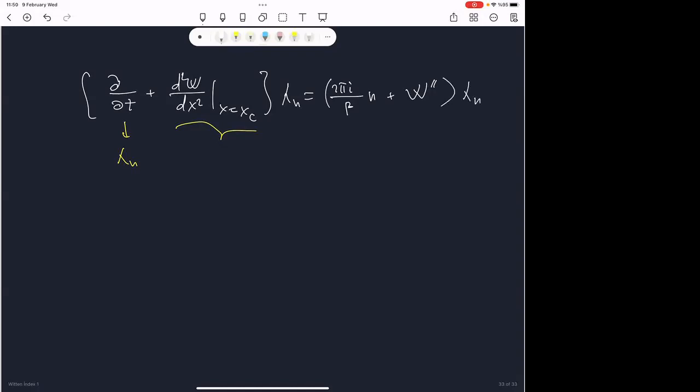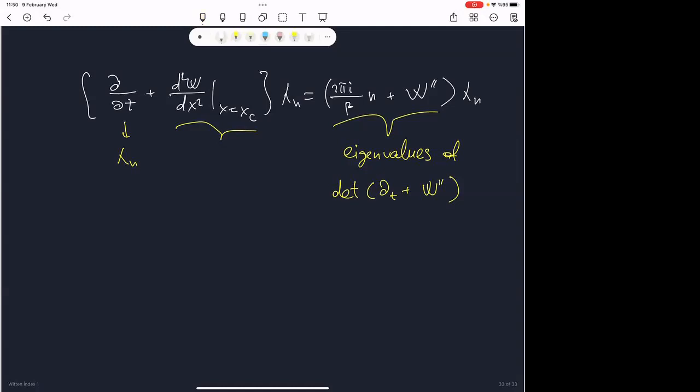These are the eigenvalues of the determinant dt plus W prime prime. The other one we already know, so I don't want to write it.